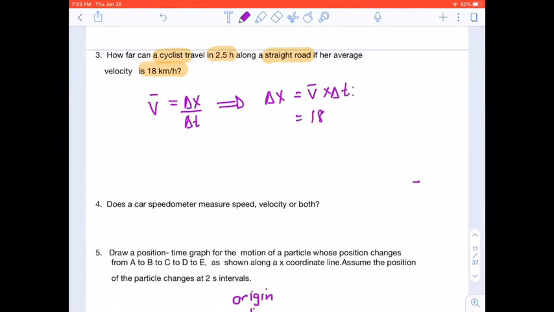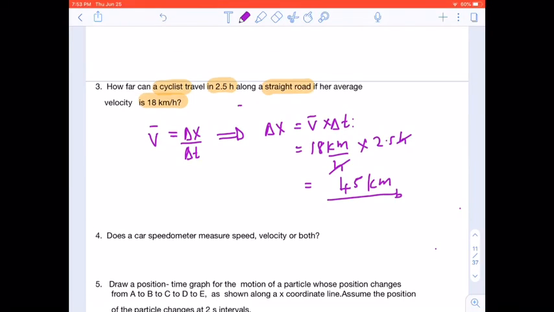Velocity we know is 18 kilometers an hour times the time that it travels, 2.5 hours. The hours cancel out, and that gives us 45 kilometers. Right, so let's say for instance we chose that as the positive direction, then that would be plus 45 kilometers, or 45 kilometers towards the right from its starting point.